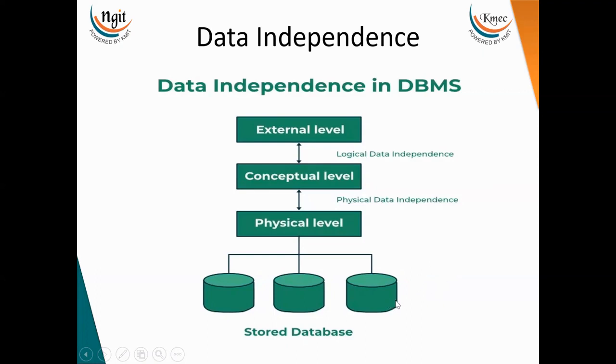So those users who are accessing the data are not allowed to access the implementation details of the database. For this reason, we are using two levels of data independence, that is logical data independence, and the other one is physical data independence.